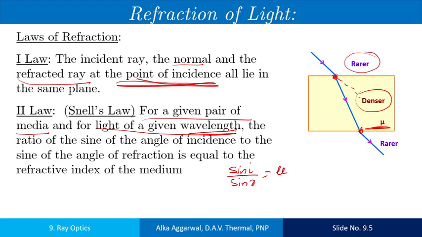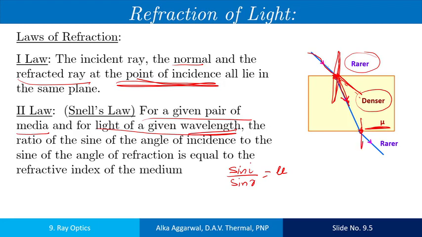And again, as the medium changes, it again deviates from the path. When the ray of light enters from rarer to denser medium, it bends towards the normal. This line is the normal, and as the ray enters from rarer to denser, instead of going straight, it goes this way. That is, it is moving towards the normal.